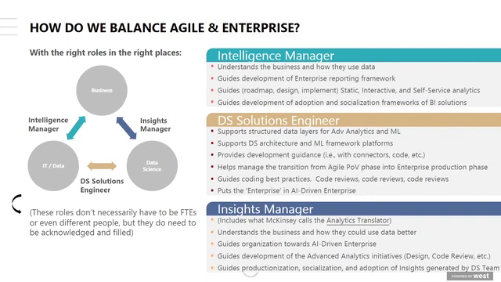And how do we manage going from the POV stage to an actual enterprise application? You really need to focus on the right roles within the organization. Typically between business and IT or data, everyone's very familiar with BI these days, so that was the business intelligence manager. But now with data science, we see the need for two roles.